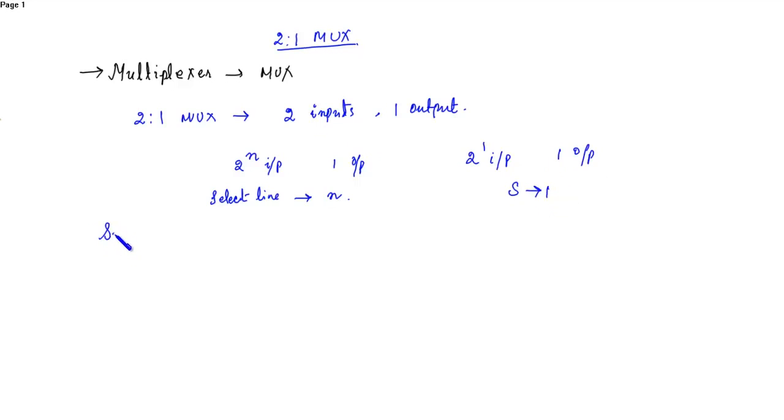So what's the symbol or the structure of a 2:1 mux? It has got 2 inputs, 1 output and 1 select line.